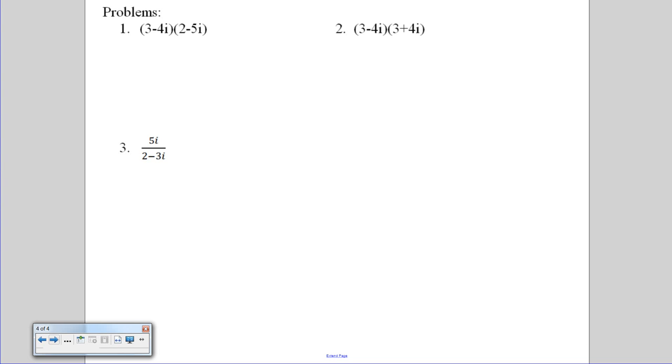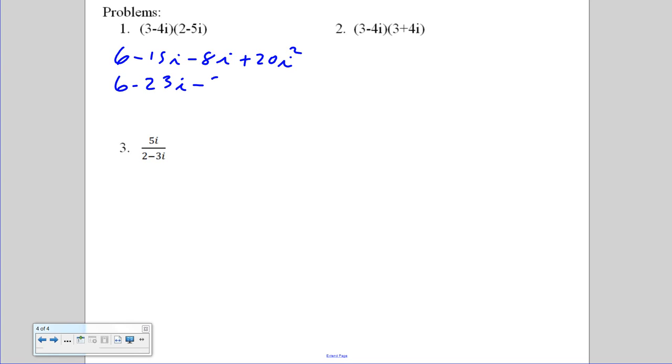So you're going to do distribution twice through. So it's going to be 6 minus 15i minus 8i plus 20i squared. And then it's going to be 6 minus 23i plus 20i squared. 20i squared is the same thing, remember, as 20 times negative 1.